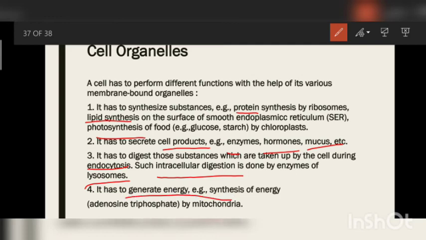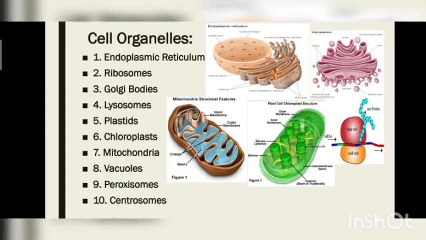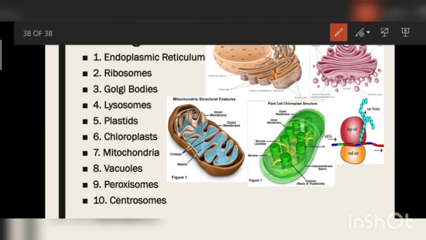They help to generate energy, which is called ATP, by mitochondria. So there are many functions of cell organelles, and they are very important for the cell. Without the cell organelles, what can the cell do? Nothing. So how many cell organelles do we have to study? One by one we'll see here.